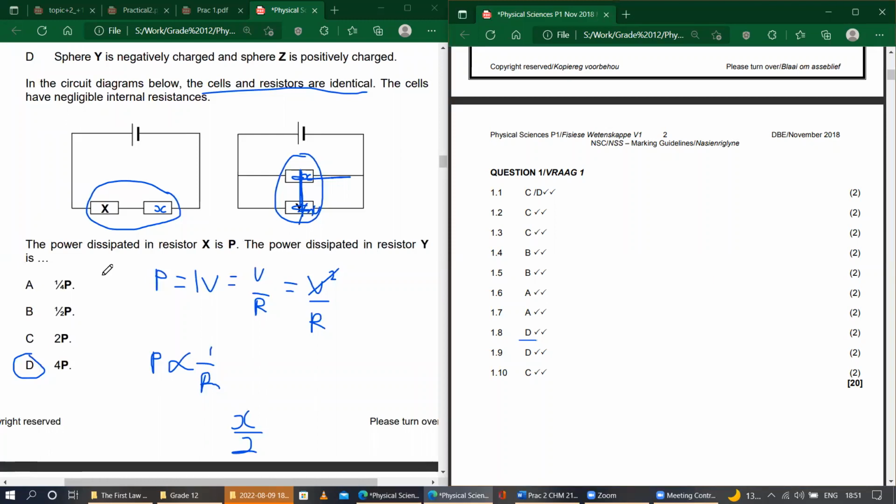But here the power has increased, so I'm not sure about the answer that I wrote down. But do you understand why the answer is D? Yes, sir. Okay, enlighten me, because I think I forgot some of this stuff.